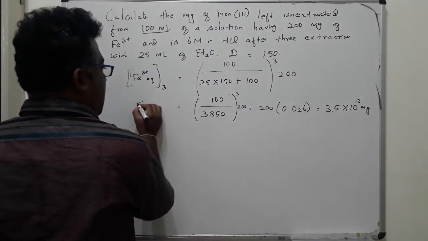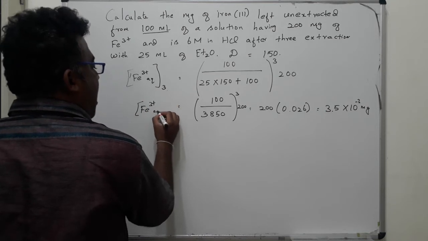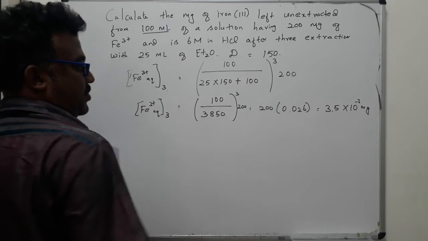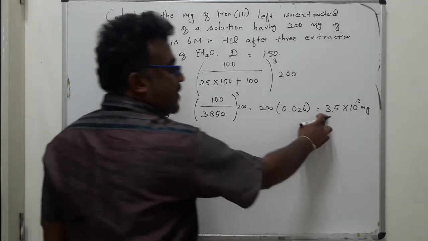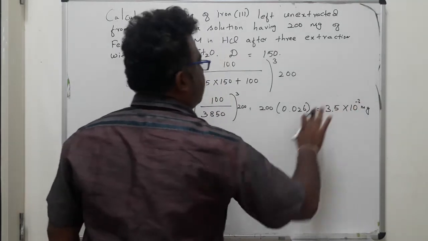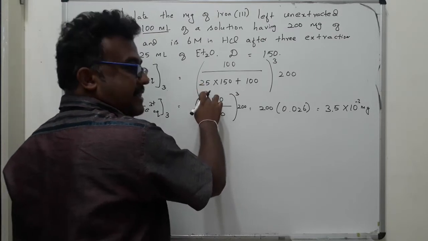That is the amount of iron 3 plus left in aqueous solution after 3 extractions. After 3 extractions, this much, 3.5 into 10 power minus 3 milligram of iron 3 plus is left. Each time they have used 25 ml of diethyl ether.